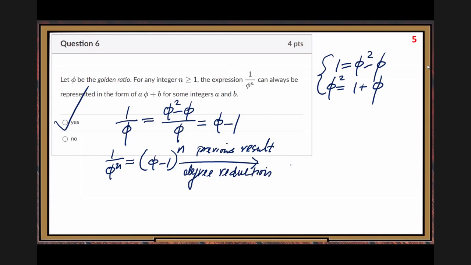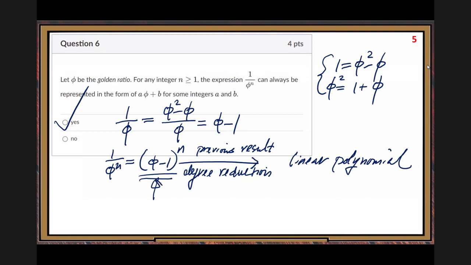So we can get a linear polynomial, a phi plus b, with integer coefficients.